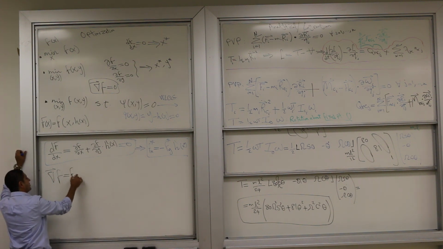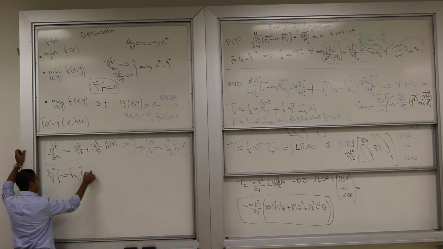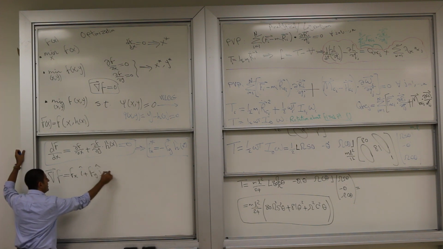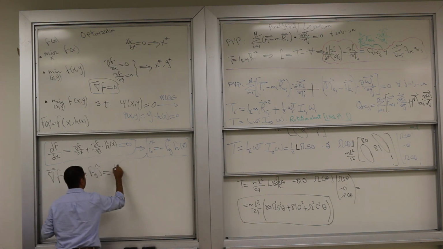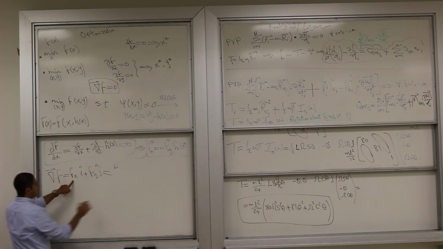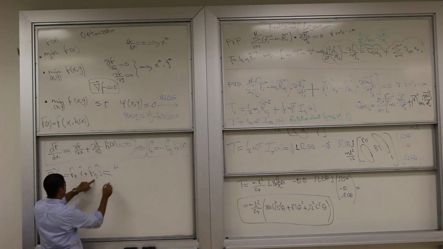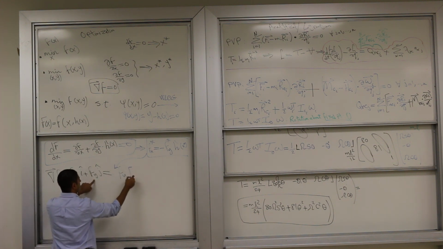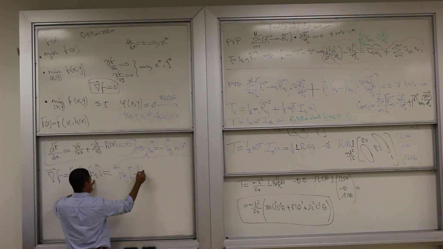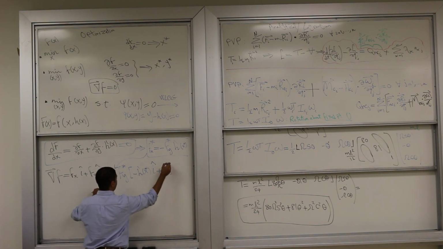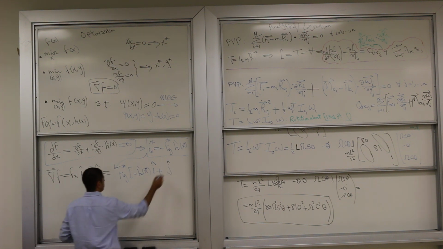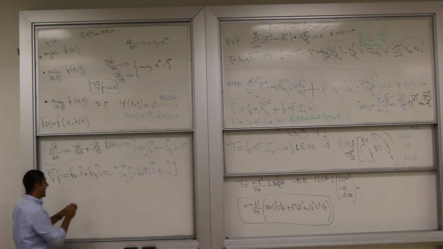Well, it's partial f, partial x in the i direction, plus partial f, partial y in the j direction. At the optimum point, I'm going to substitute from here. fx is fy times something, so I'm going to get fy as a common factor. Negative h prime in the i plus 1 in the j. Right? This is at the optimum.